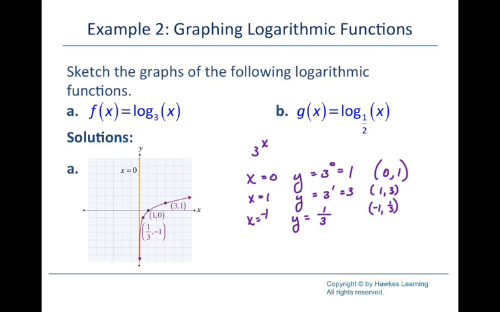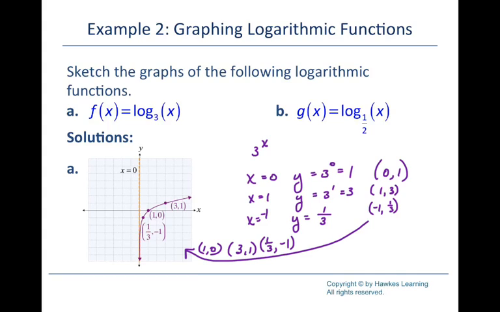Alright, now remember, if we know that a logarithm is the inverse of the exponential function, then the points that should be on the graph, remember they're going to switch, so as they go to this graph, they become 1, 0, and then 3, 1, and 1/3, and negative 1.